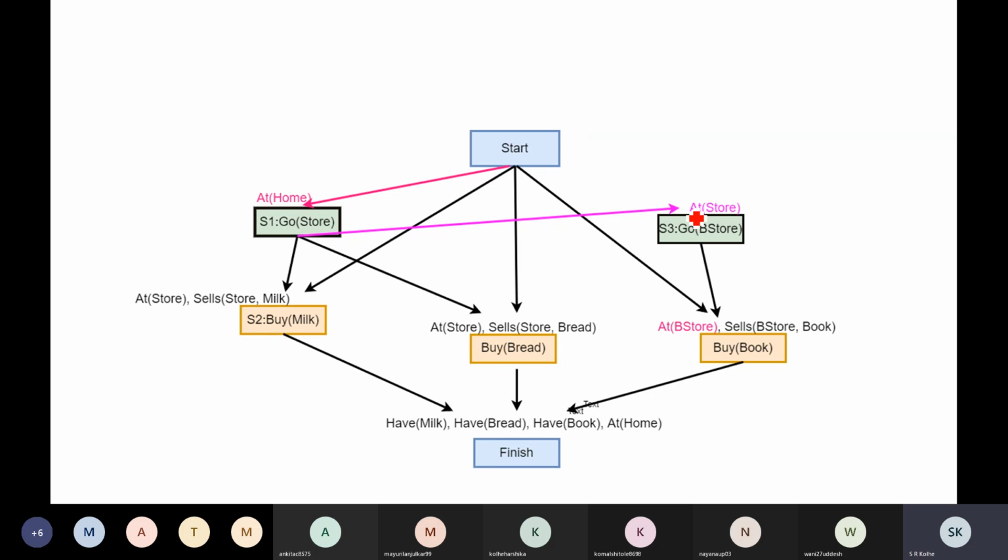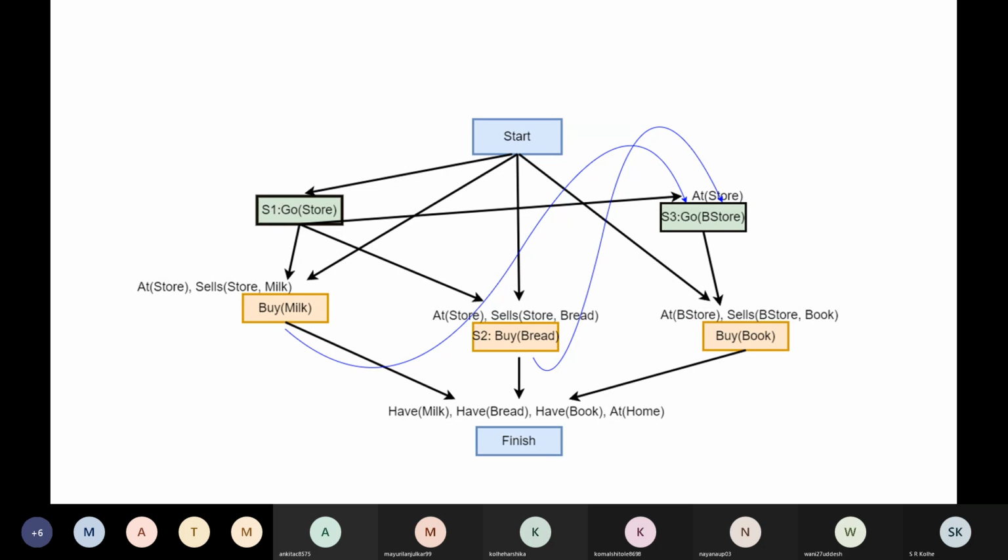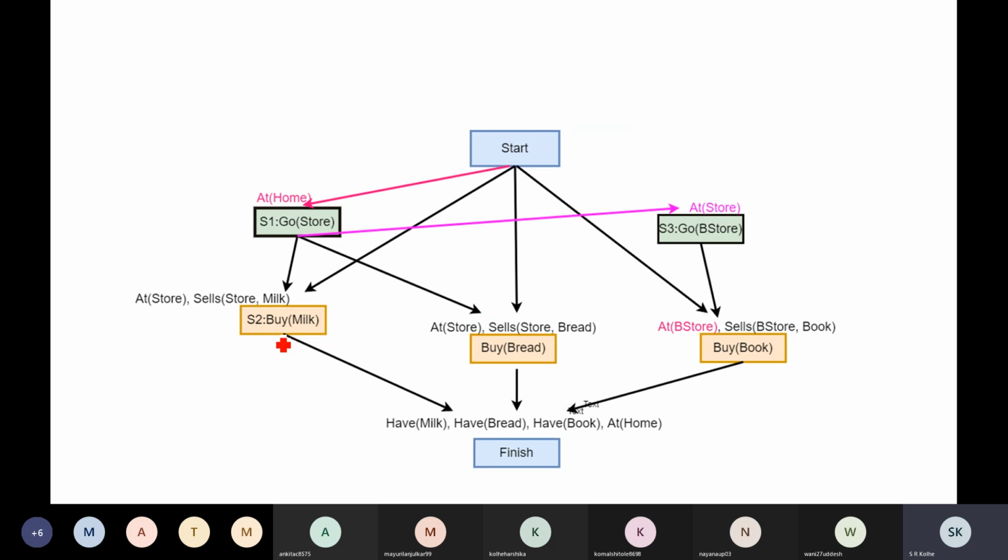Okay, so this can be done from S1, perform S3. What I will do, in addition to that, perform demotion. This link has been added. Okay, I will do it out here. Since robot is at store, I will add a causal link from this S2 to S3. So demotion I will perform.